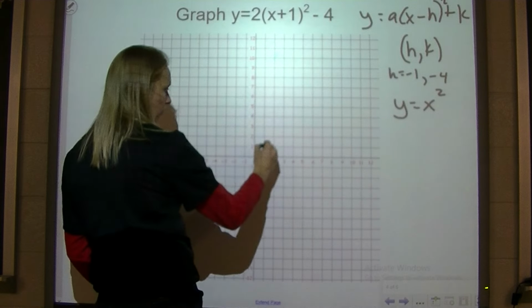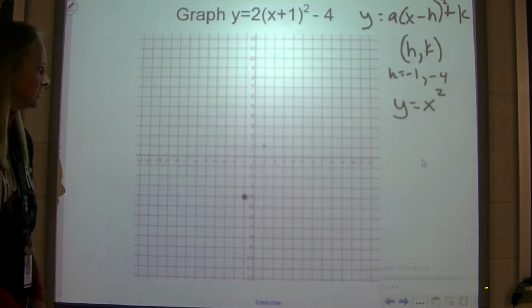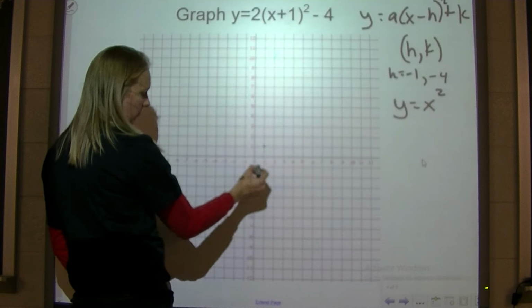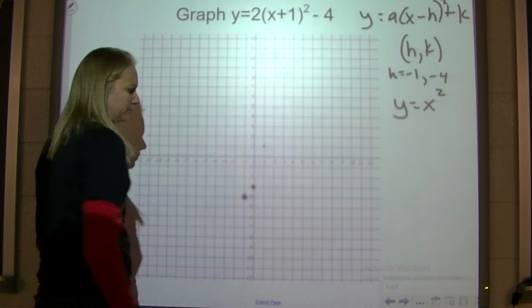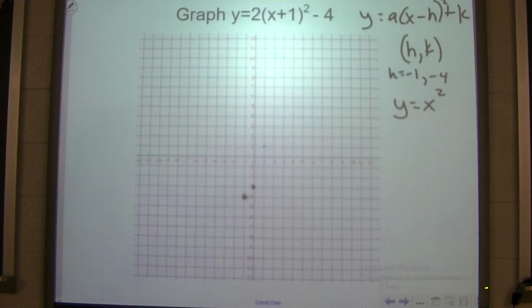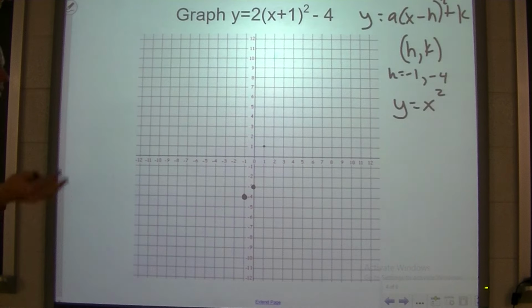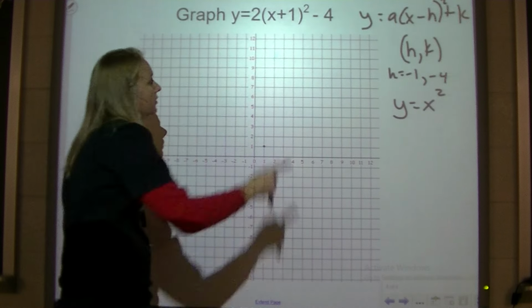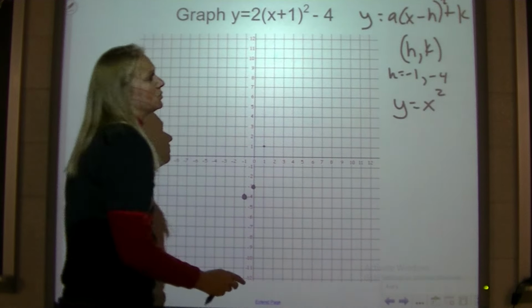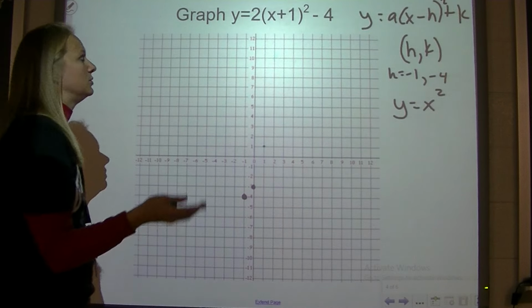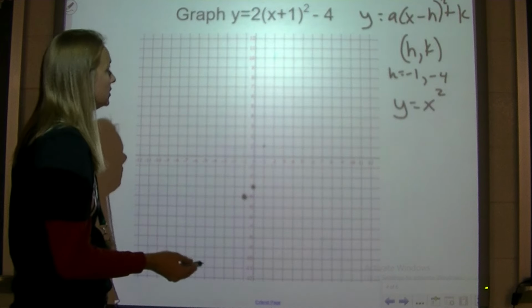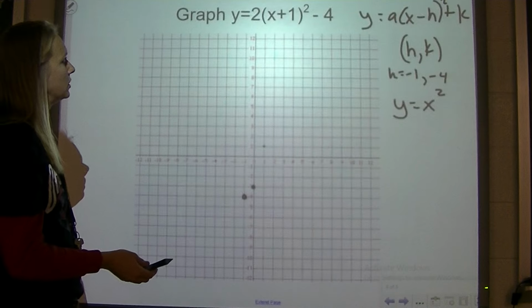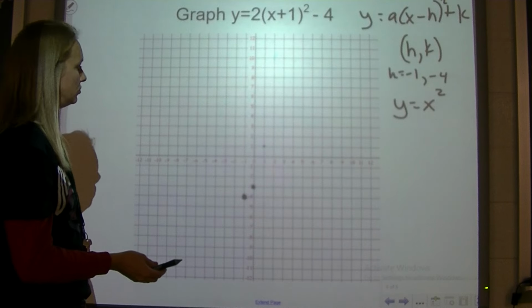So we had this (1, 1). Well, if I translate this 1 unit to the left and down 4, I'd be here at -3. But you could also get that by plugging in what x is, so plugging in 0, and then solving for y. So 0 plus 1 is 1, 1 squared is 1, 1 times 2 is 2, 2 minus 4 is -2.